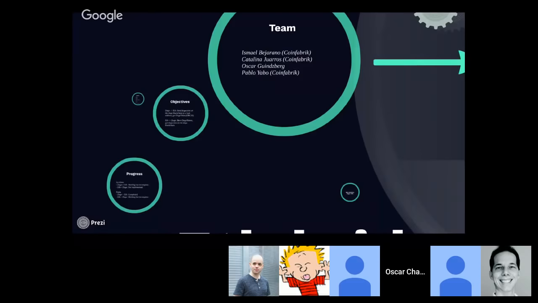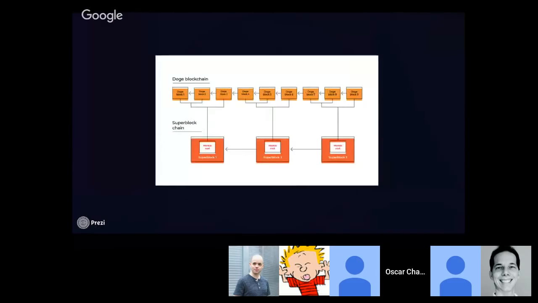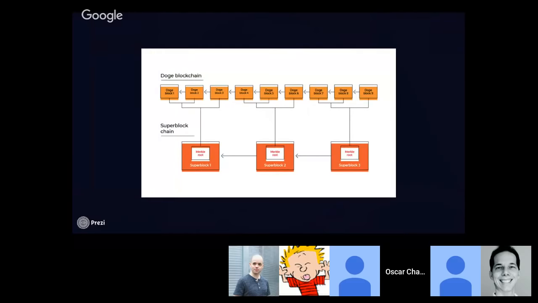So we created a new solution based on a concept that we named Superblocks. Actually, we wrote a paper about this Superblock concept because I think it's not only useful for bridging Dogecoin to Ethereum, but it may be useful for bridging other blockchains to Ethereum. So here's the idea. We group blocks in what we call a superblock.